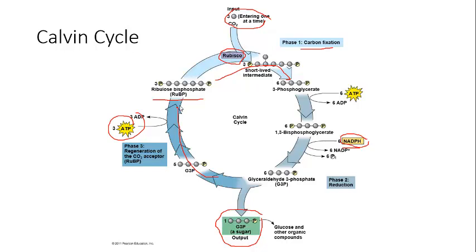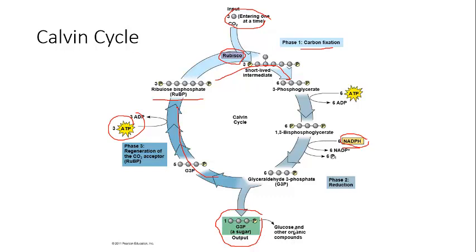The end result is a 3-carbon sugar called G3P. Every 2 G3Ps is going to be used to make 1 glucose. Finally, the starting material, a molecule called RuBP, is going to be regenerated at the end of the Calvin cycle.